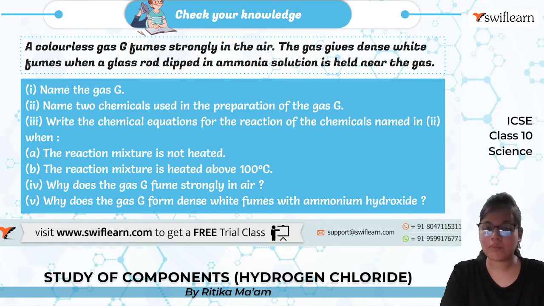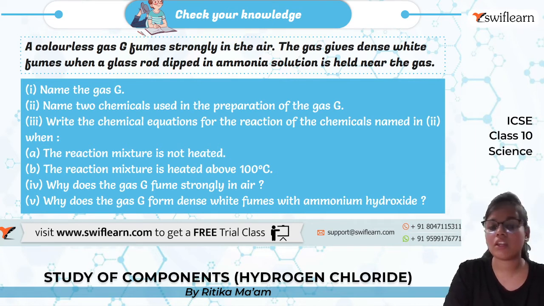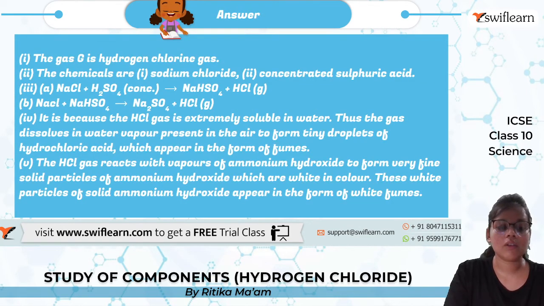We have to be very particular about the conditions we are giving. If we do not heat it, the products will be different, and if we change the temperature, the products will be different. So we will get Na2SO4 plus HCl, again in gaseous form.